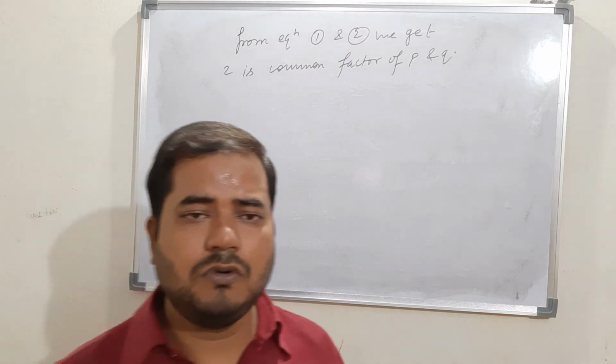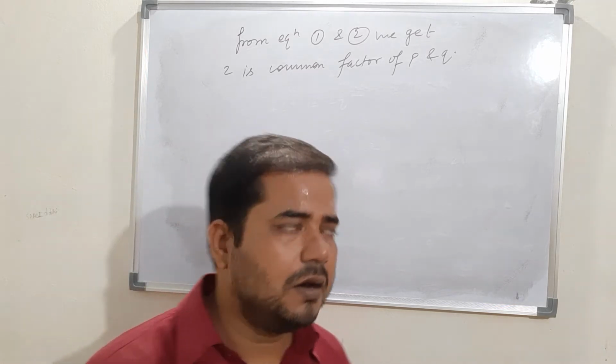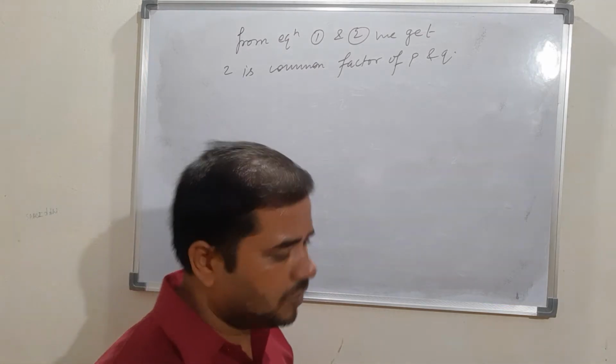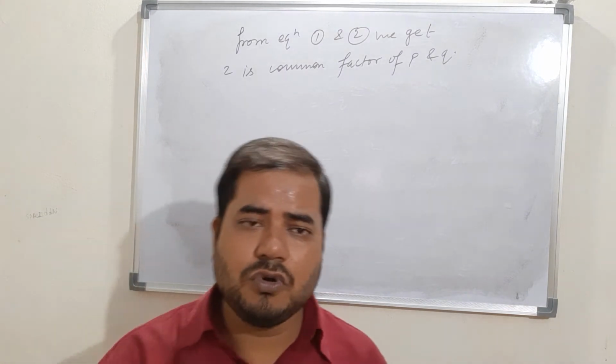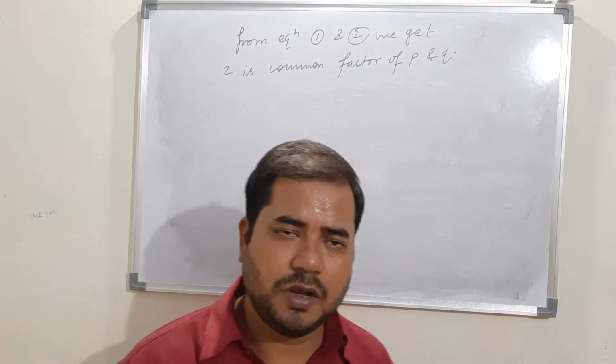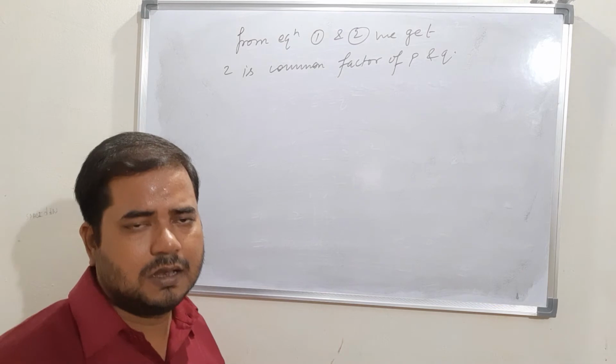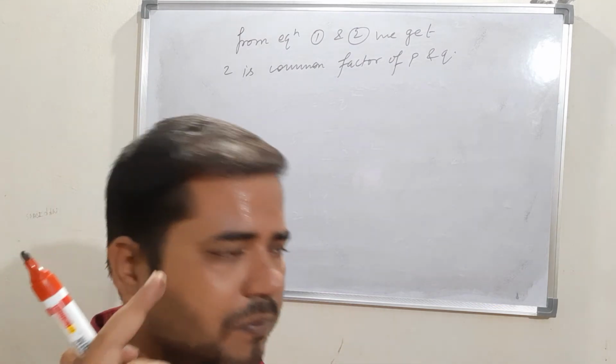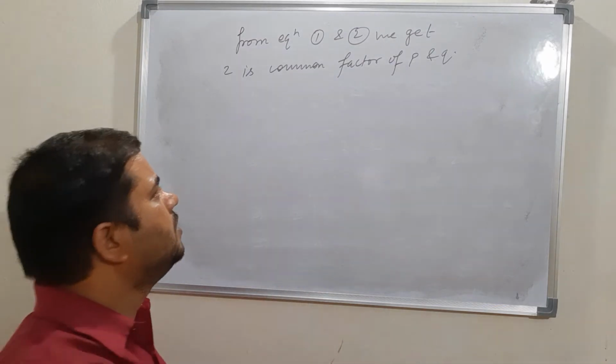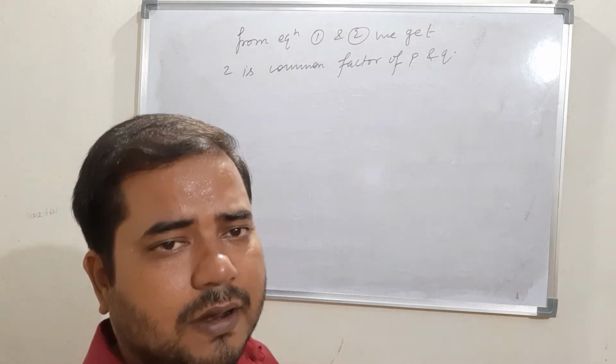Because we suppose root 2 is a rational number, then root 2 can be written in the form of p by q, and in the definition of a rational number, p and q have no common factor.